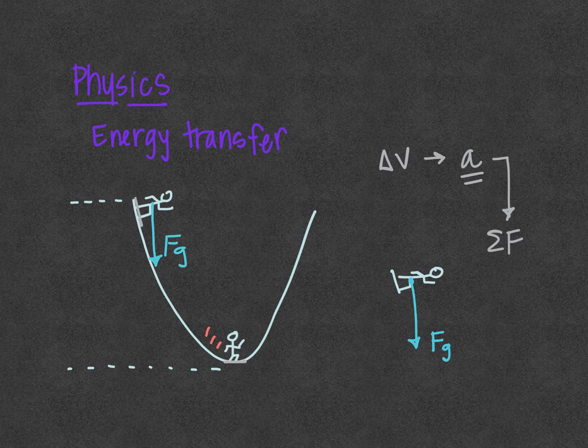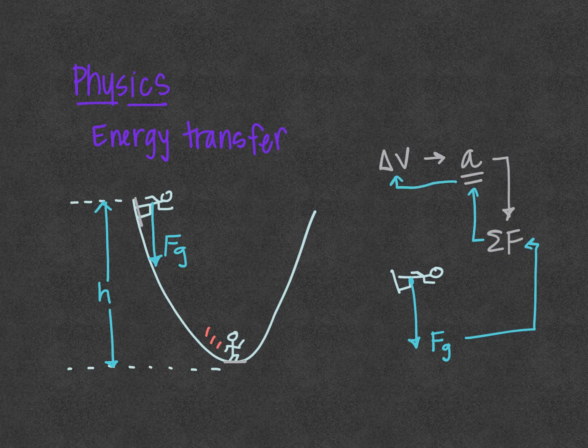And so as this person moves through this height difference, this change in position, this gravitational force is the net force on our skater, and that net force means that there's an acceleration, and again, that acceleration means that there's a change in the velocity.